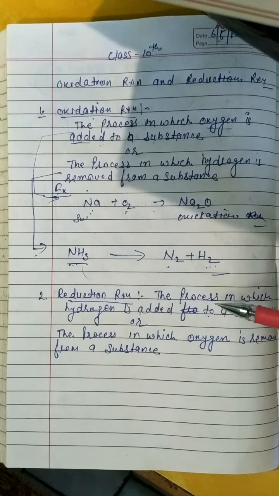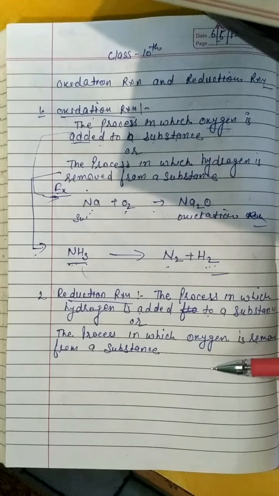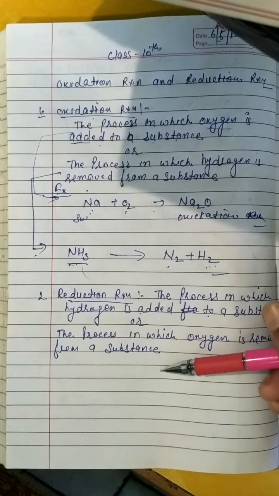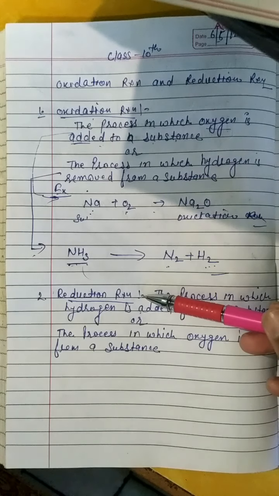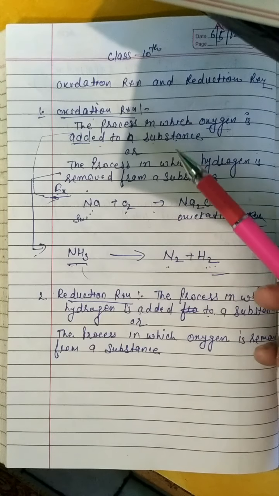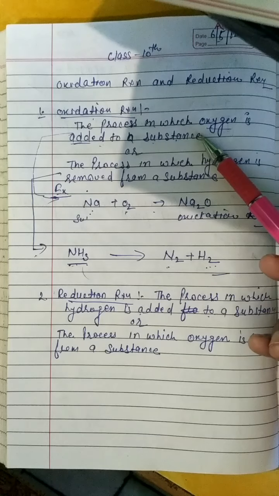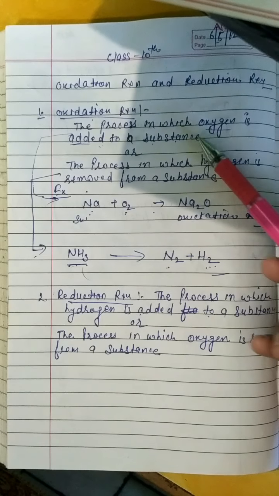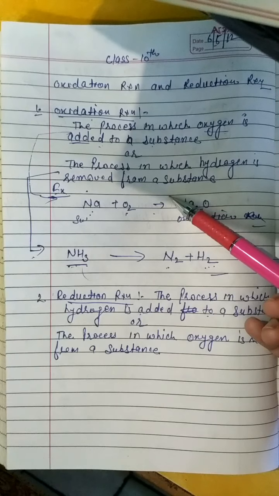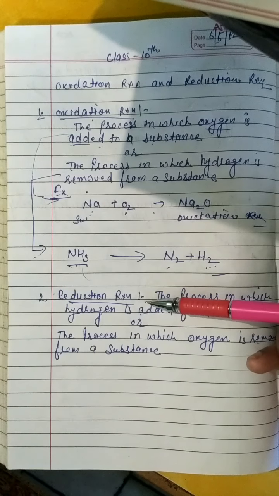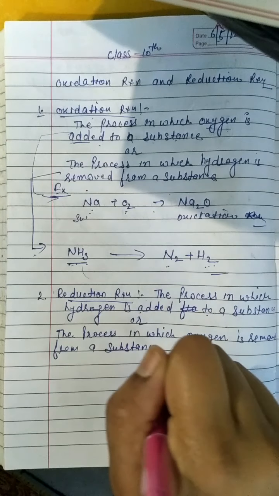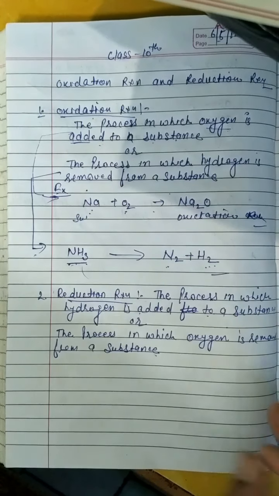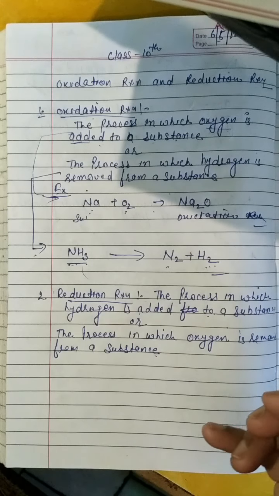The process in which hydrogen is added to a substance, or the process in which oxygen is removed from a substance, that is called a reduction reaction. Both of these are opposite. In the case of oxidation, there is addition of oxygen and removal of hydrogen. But in the case of reduction, there is addition of hydrogen and removal of oxygen from the substance. That is called a reduction reaction.